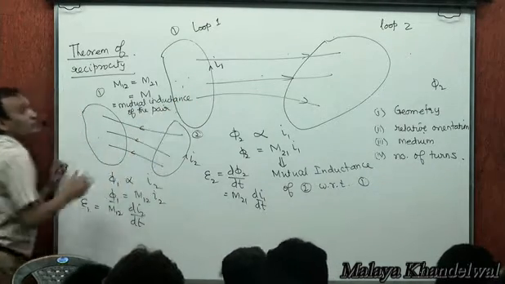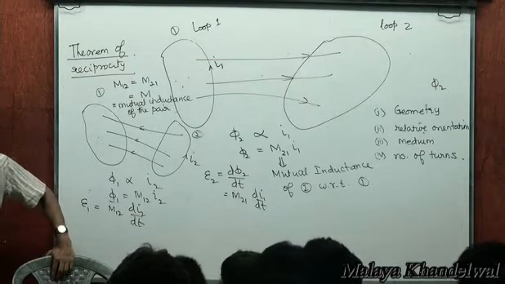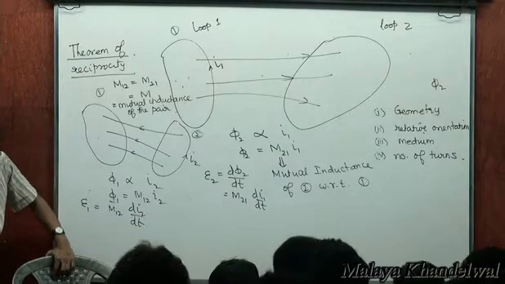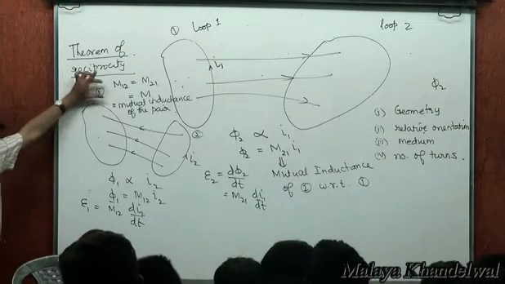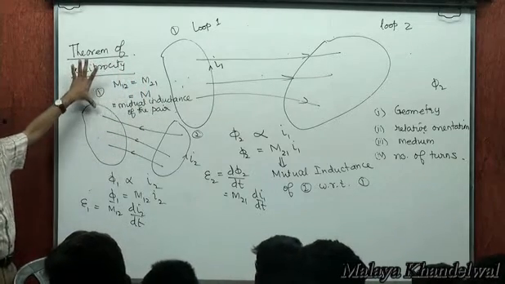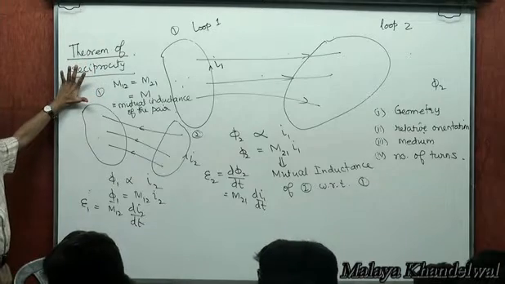It will be a property of the pair of loops. Coefficient of mutual inductance of the pair. It's not possible for me to give you a formal proof of this, but we will use this result very frequently, right?